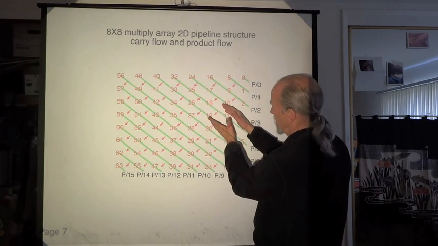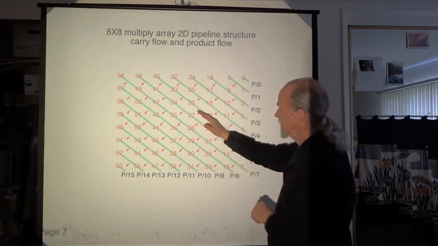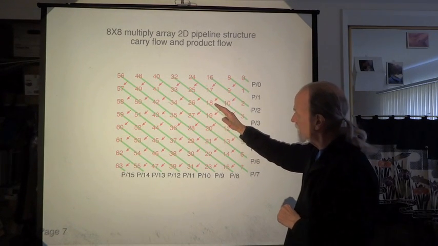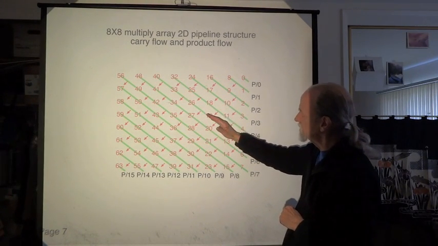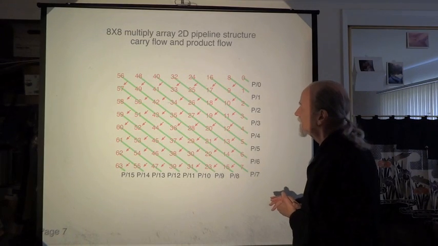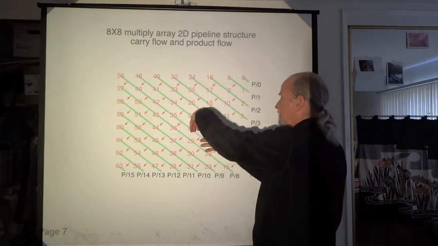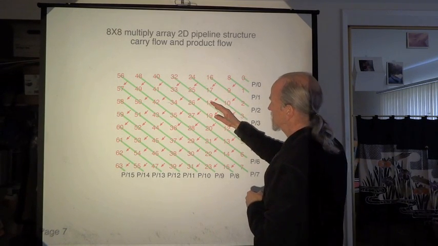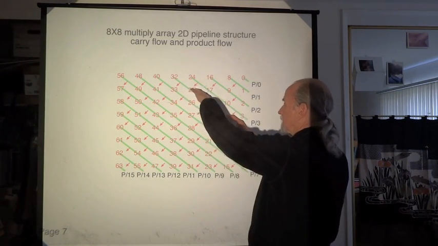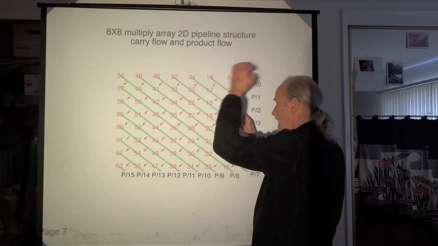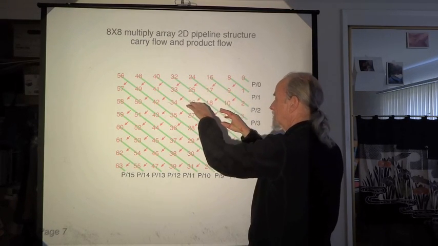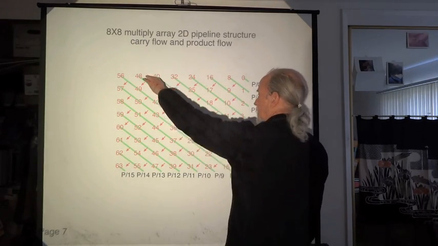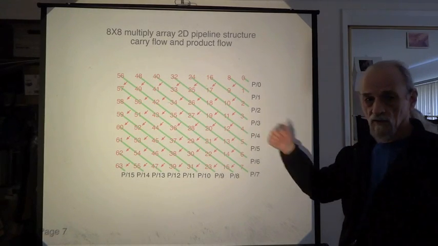And now if you remember, the partial products are delayed, right? This partial product happens, then this partial product happens, from the pipelining of the two inputs. So when this goes up into the adder, it generates its carry at the same time that these partial products are ready to go into the adder.